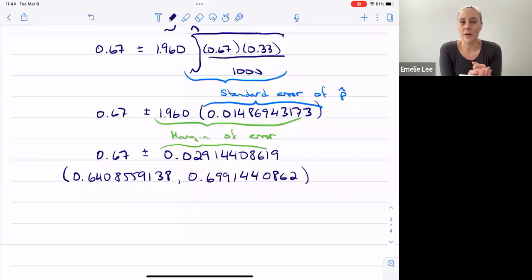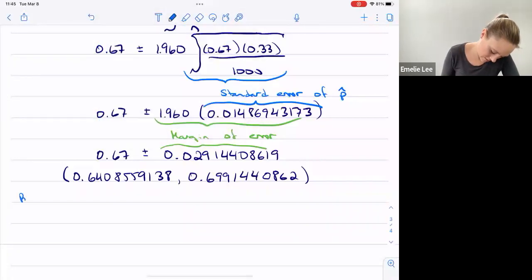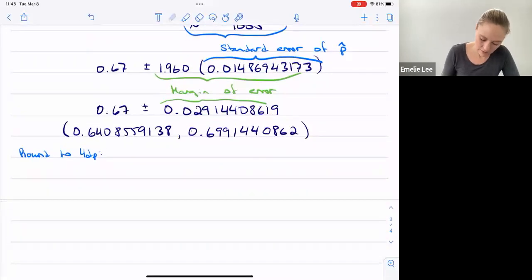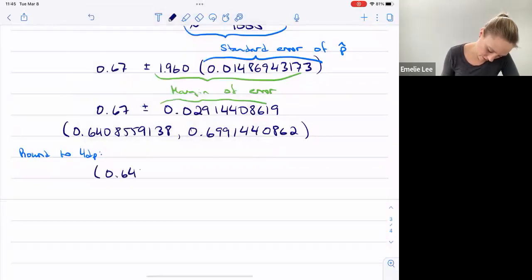You're going to follow the rounding instructions that are in the question, but if there are no rounding instructions, then 4 decimal places is usually safe. And so let's round to 4 decimal places. Then I get 0.6409 up to 0.6991.